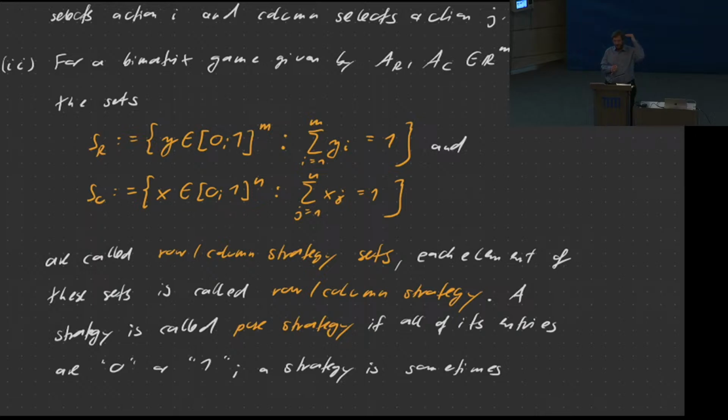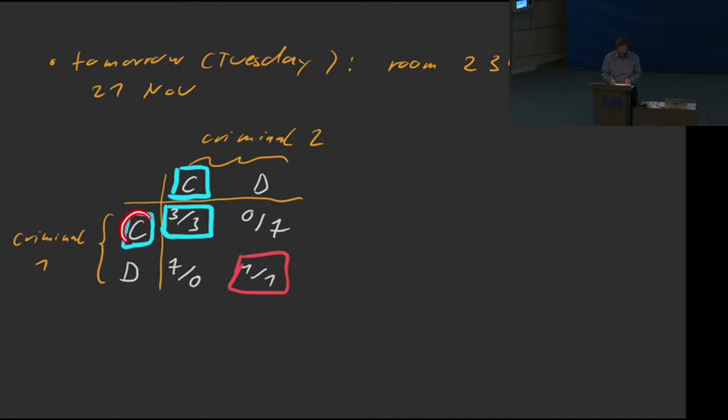Right? For the row player, it means selecting one of the rows. So in this setup, either confess or deny. And for the column player, it means selecting one of the columns. So again, confess or deny. And of course, if we have a matrix, we can easily encode this in a vector that just assigns a 1 to the strategy that we choose and a 0 to each strategy we don't choose.